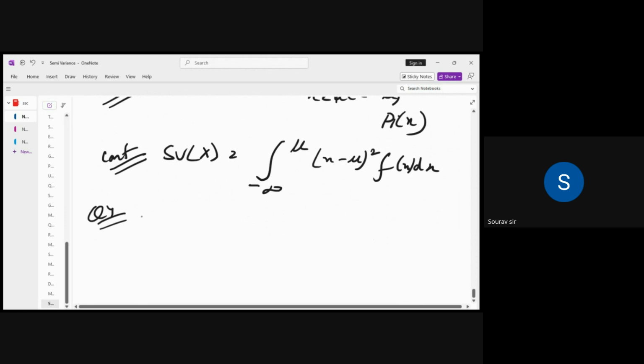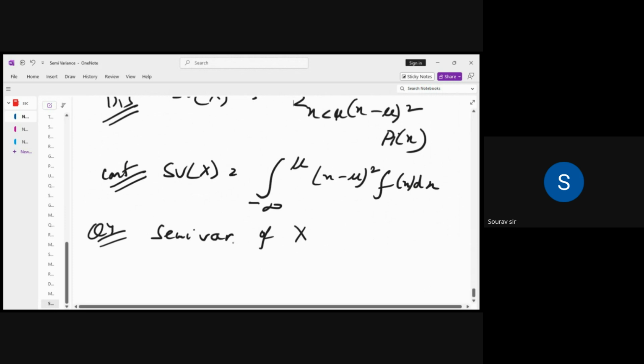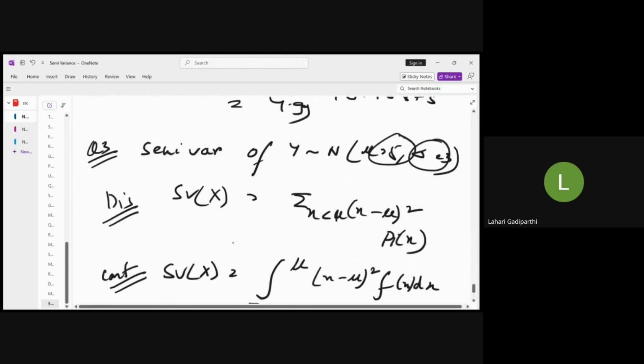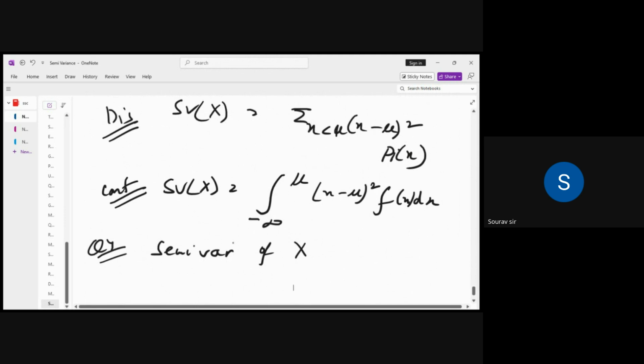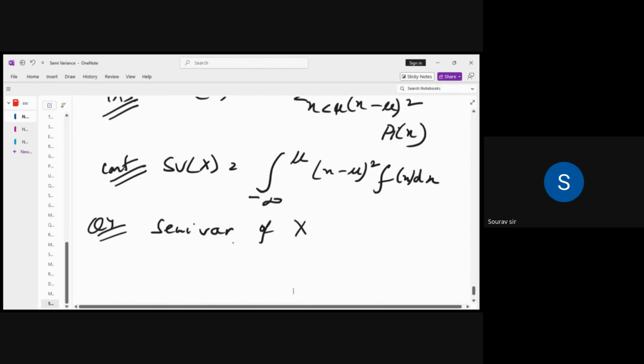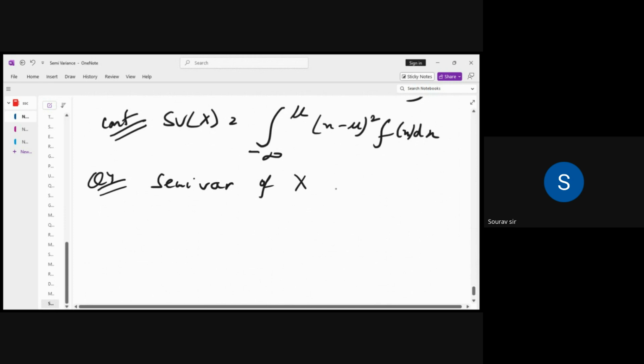This is very easy. Question 3 with this formula. You just put the value and find it out. If you're not able to do it, you tell me tomorrow.